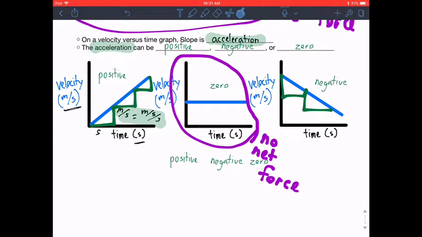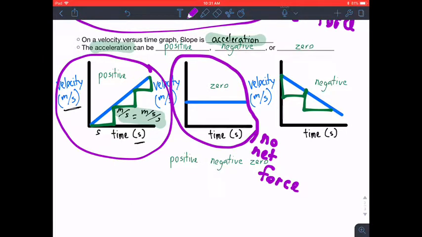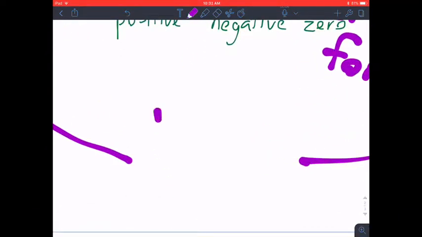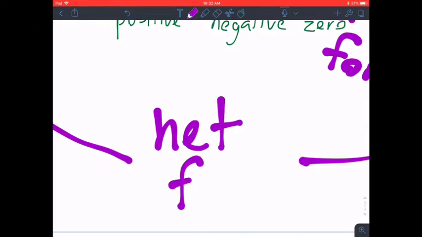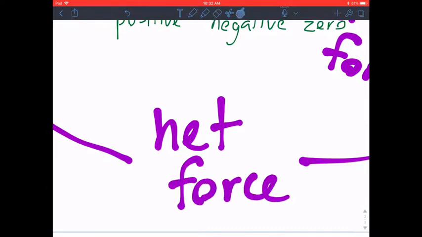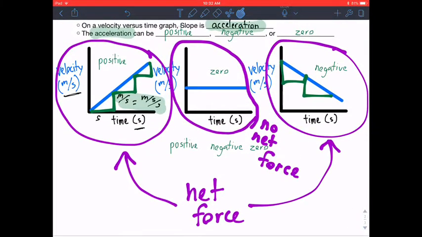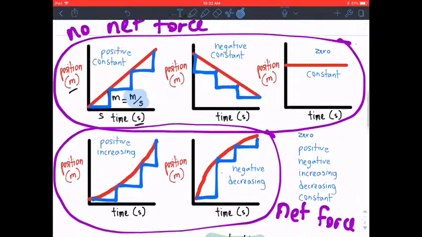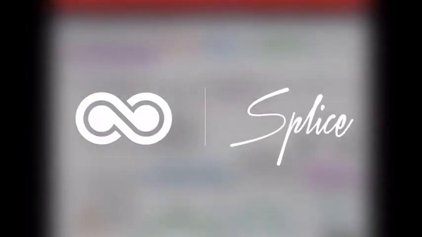Whereas on the other ones, when the velocity is either increasing with a positive acceleration, or the velocity is decreasing with a negative acceleration, those situations would require a net force. Okay, so if you know what a net force is, and you can look at a motion graph and determine if a net force is required, you are doing a great job in a very difficult unit.